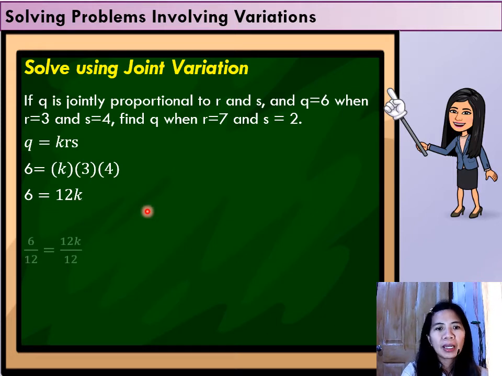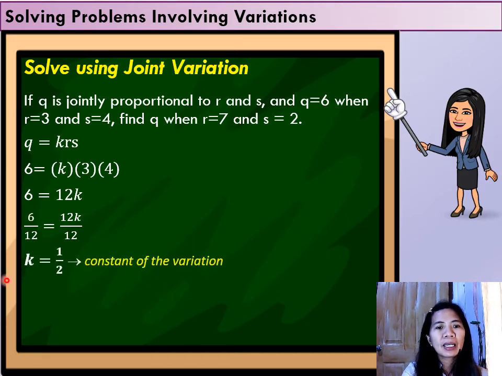Then we are going to divide both sides of the equation by 12. So 12 divided by 12 equals 1, leaving the remaining variable K. Then 6 divided by 12, we simplify: K is equals to 1 half. That will be the constant of variation.